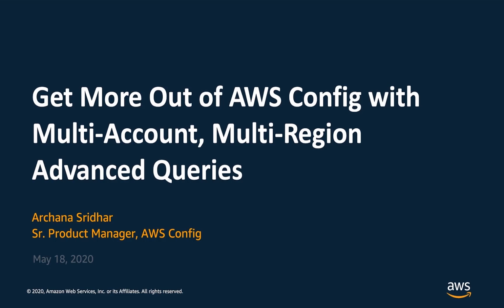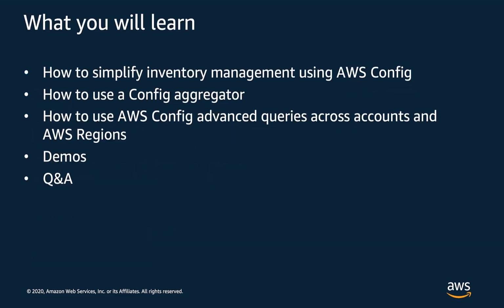We will talk about a config aggregator, how to set one up, and we will also use the AWS Config advanced queries across multiple accounts and regions. We'll have a couple of demos and then open up some time for Q&A as well. All right, let's get started.